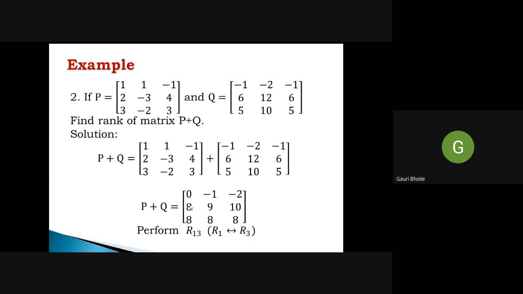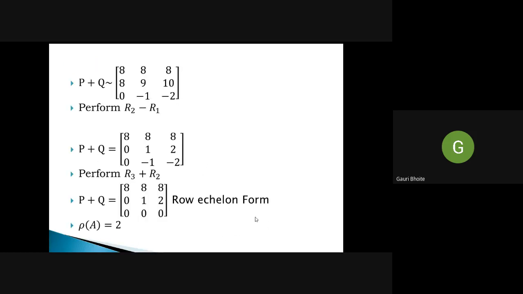I interchange the first and third rows, R13. What am I getting? 8, 8, 8 as the first row, the second row as it is, 8, 9, 10, and the third row becomes 0, minus 1, minus 2.